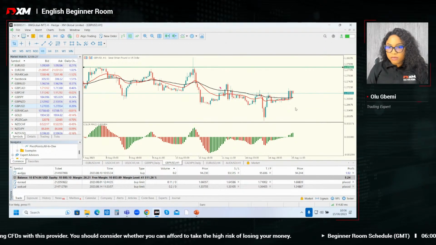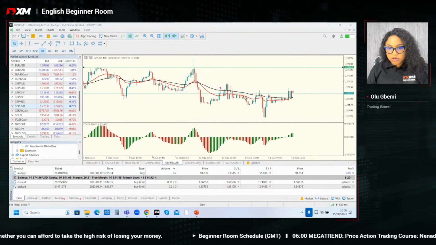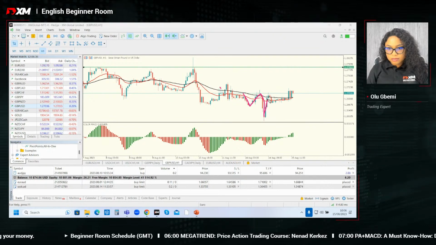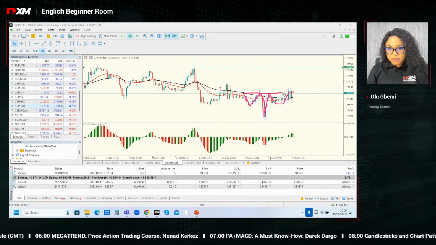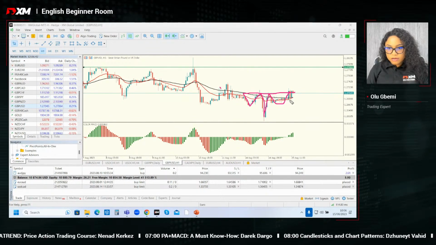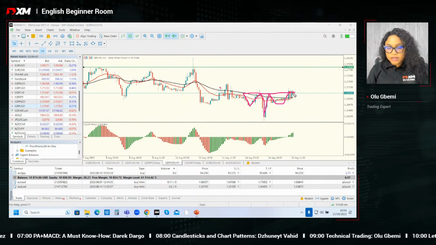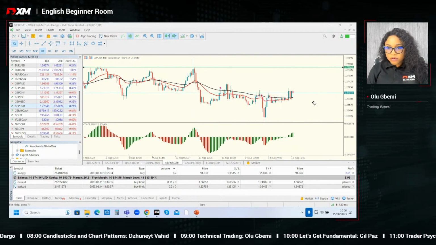Okay, I think from the 1 hour, it looks clearer as an inverted head and shoulders. Very smooth. It broke out above, it retraced and it corrected. If I would look at it, I probably would have done a buy.